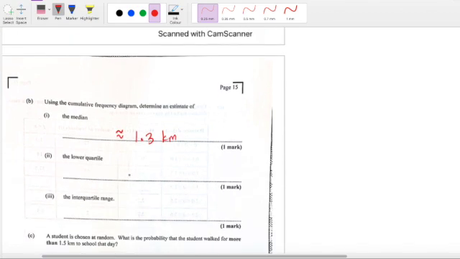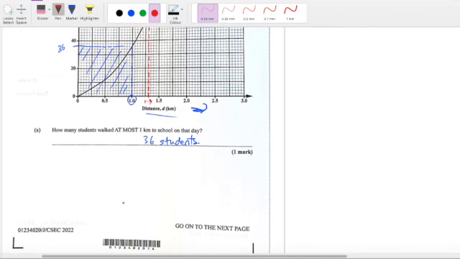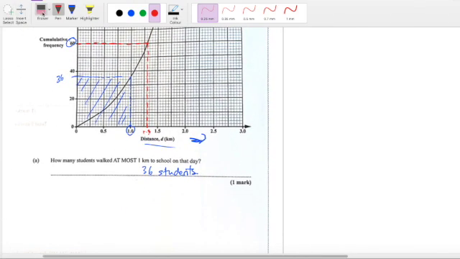Right? The lower quartile and the interquartile range. We know that from 0 to 3 is the range. This one in the middle here is Q2.